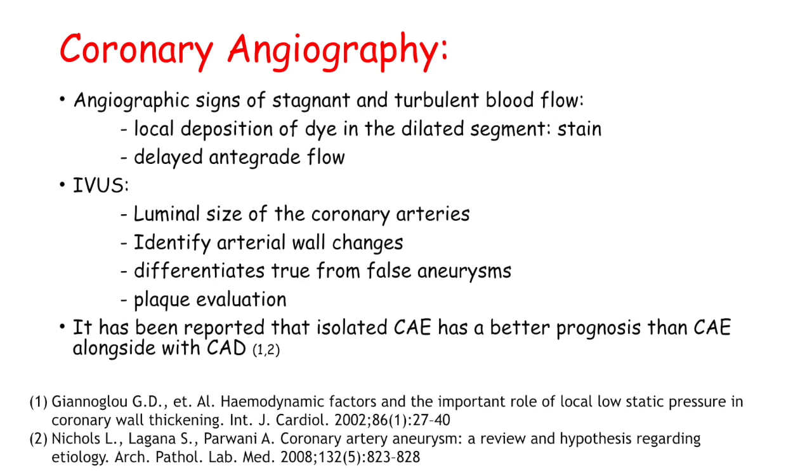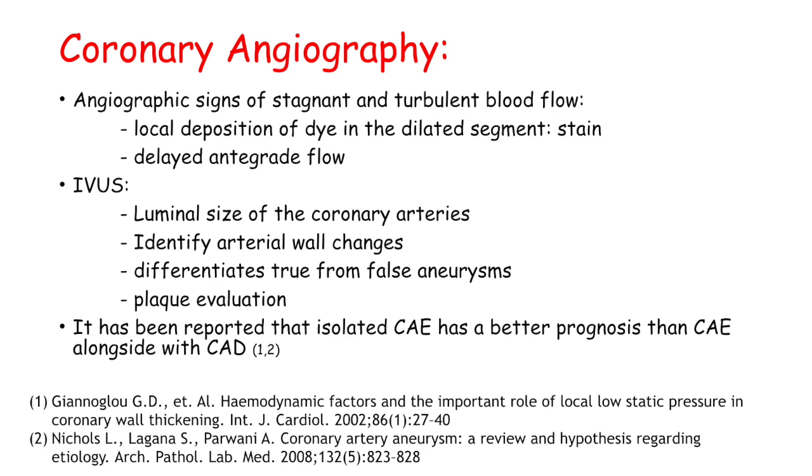IVUS is an excellent tool, especially if we're planning to do an intervention in these people, to get the luminal size of these vessels, because these vessels are huge and we need to know the size of these vessels. If the vessel is too big, we're not going to put a small stent, because if we put a small stent in a big vessel, that is a nidus for thrombosis and no flow in these patients.